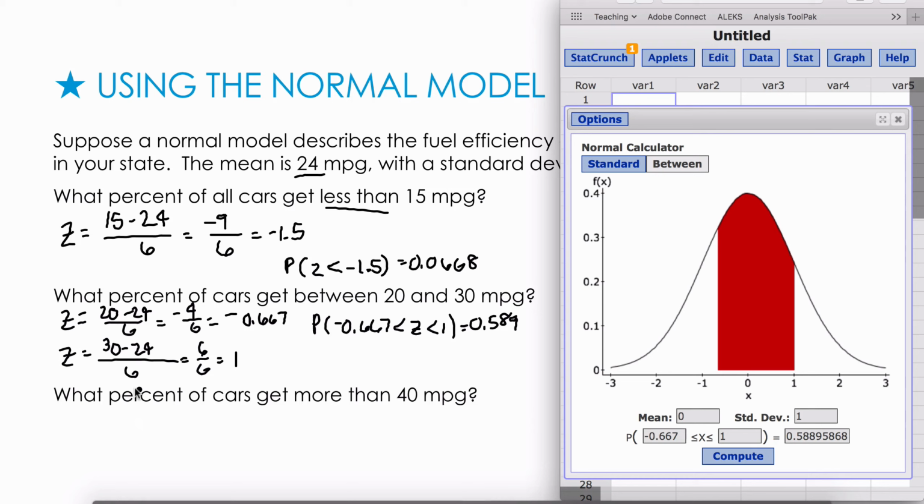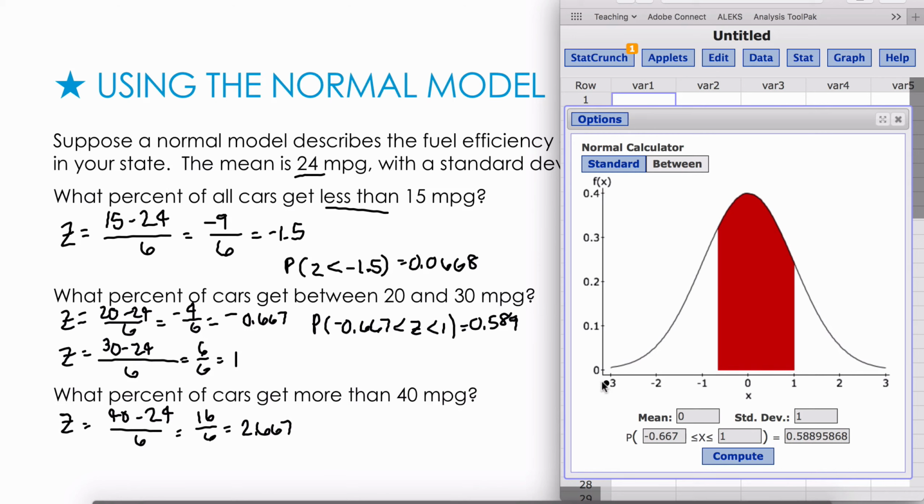On the last one, again, I'm looking for a z-score, and I'm looking for more than 40. So 40 minus 24 divided by 6, which is 16 divided by 6, which gives me about 2.667.